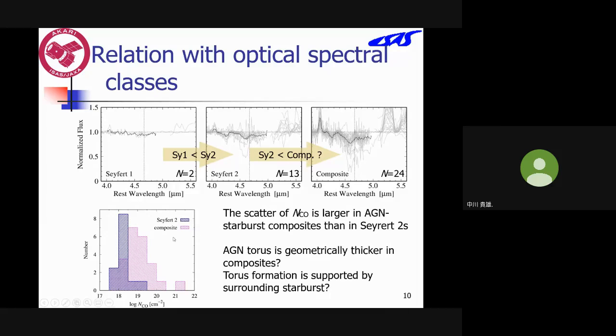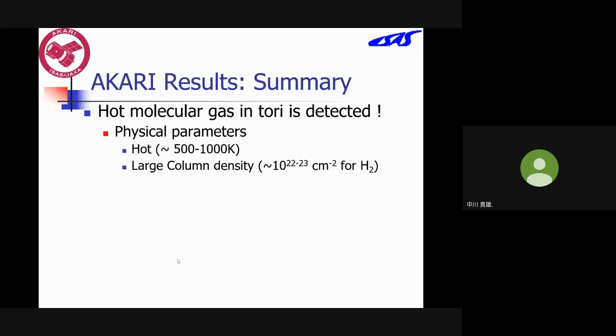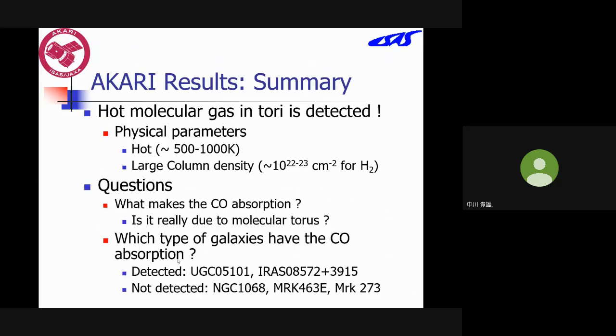But more interestingly, the composite ones, including the CFAT and the starburst, have larger column densities than the pure CFAT2, which means the torus structure could be affected by the nuclear starburst activity. So the Akari observation shows that we do have very hot components, going up to 1000 Kelvin with a very large column density, most likely due to the molecular torus.